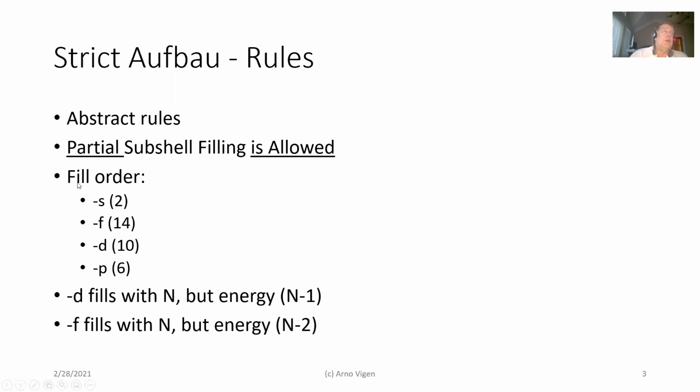Now, further, you have that filling order that I discussed, the S, then the F, then the D, and then the P. And finally, there's this rule that really causes those diagonals where subshell D fills with the N, but the energy is N minus 1, and subshell F fills with N, but the energy is N minus 2.